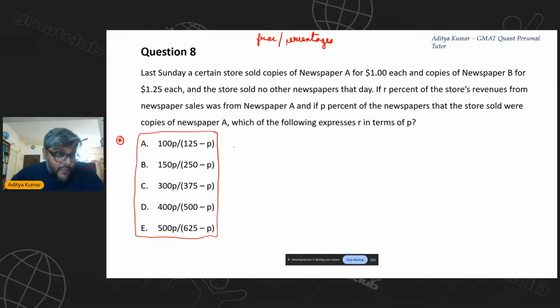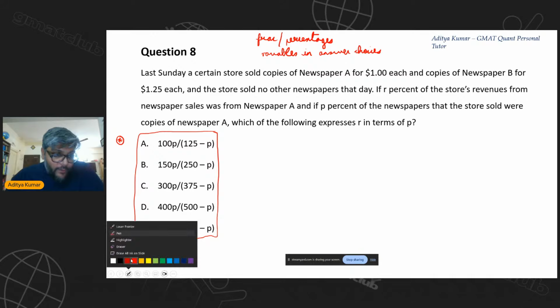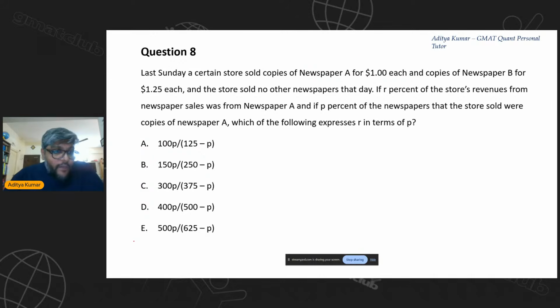Second, if you see a question where you have variables in the answer choices, there also you have an opportunity to use values and bypass the conventional. So let's solve this question in both ways. Let's look at it conventionally and let's look at it using numbers as well.